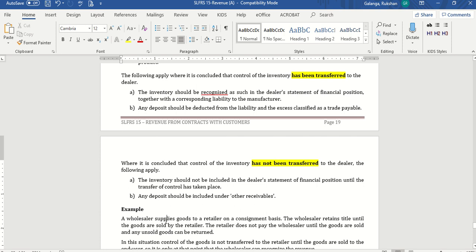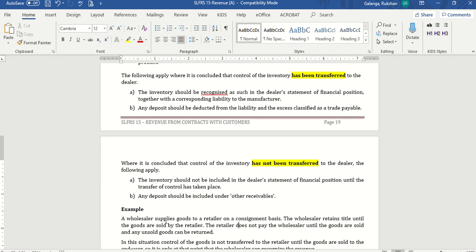A wholesaler supplies goods to a retailer on consignment basis. The wholesaler retains the title until the goods are sold to the retailer. The ownership stays with the wholesaler.